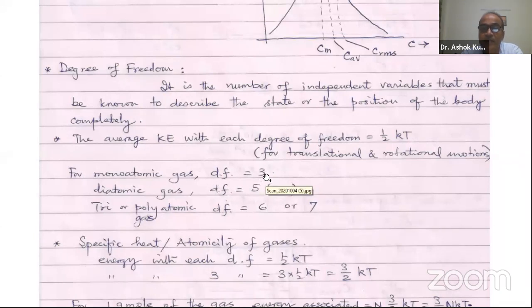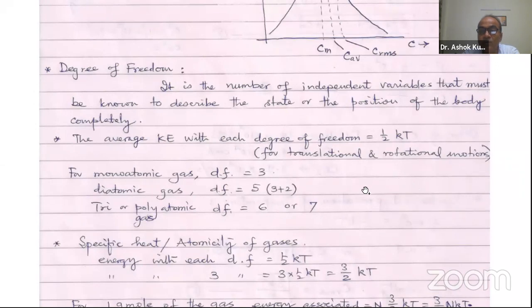If it is a diatomic gas, I did not put the diagram here. Diatomic means two atoms are joined, making a molecule, and they are connected in between.